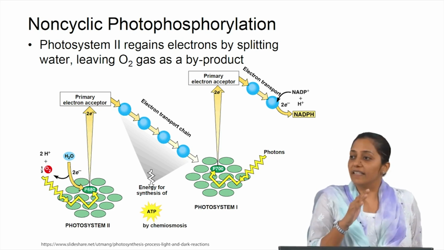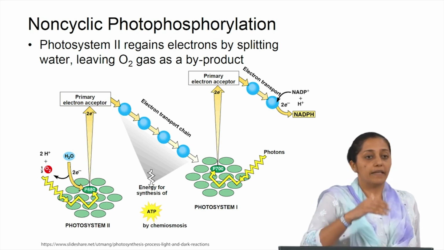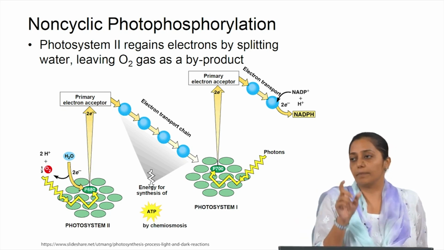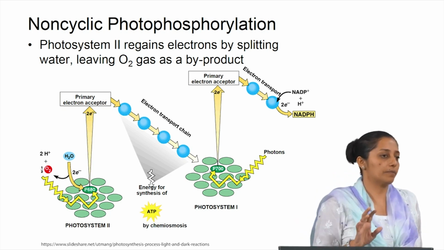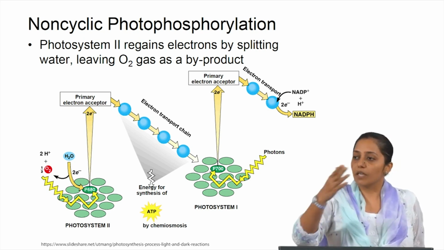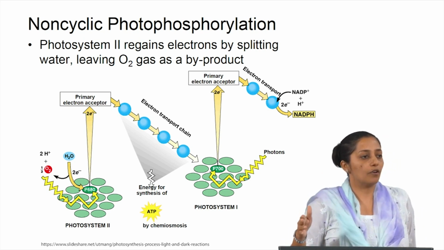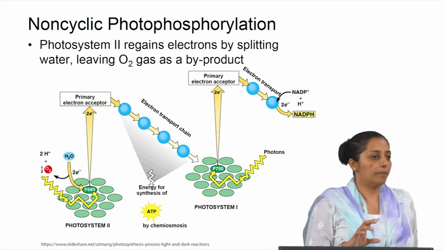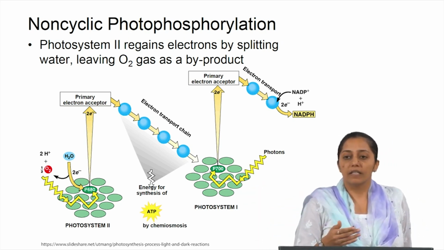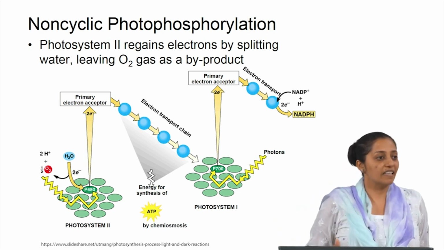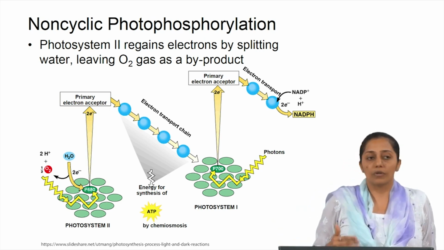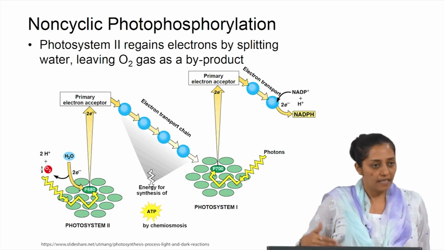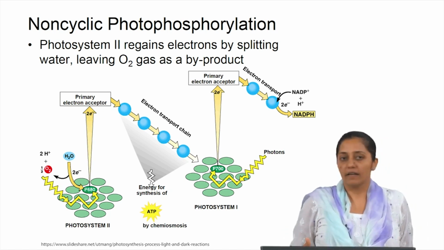Now, this excited electron is then captured by a neighboring, specific electron acceptor molecule, and then it subsequently keeps transferring the electrons in the electron transport chain which is present at the thylakoid membrane, because of which the hydrogen ions get released in the thylakoid lumen. Once the hydrogen ion concentration in the thylakoid lumen increases, an electrochemical gradient is there.